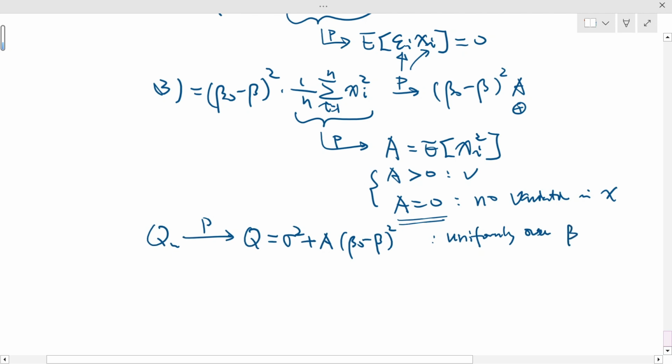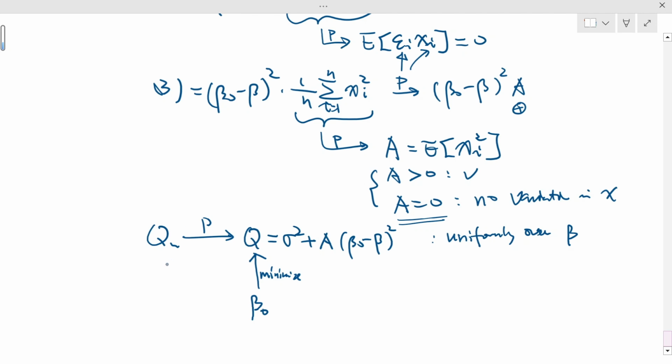Clearly, looking at this Q, which is no longer stochastic but a deterministic criterion, we find that it is minimized at the true value beta 0.